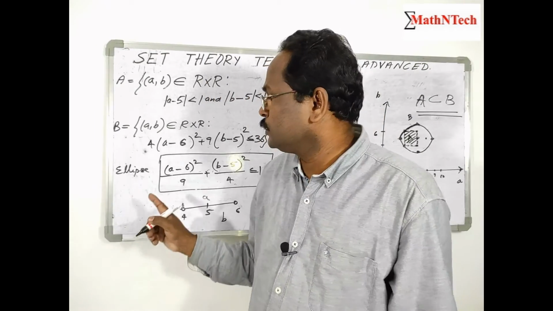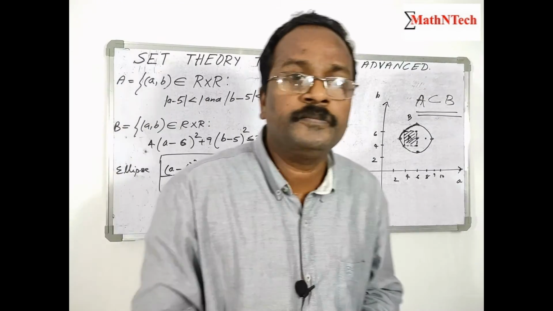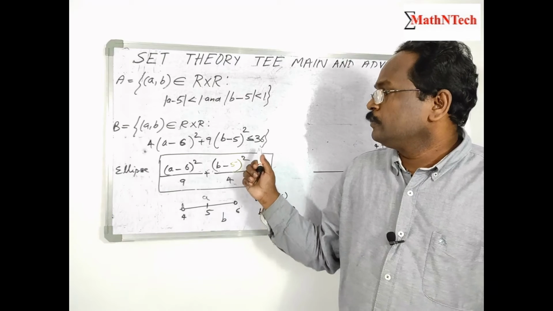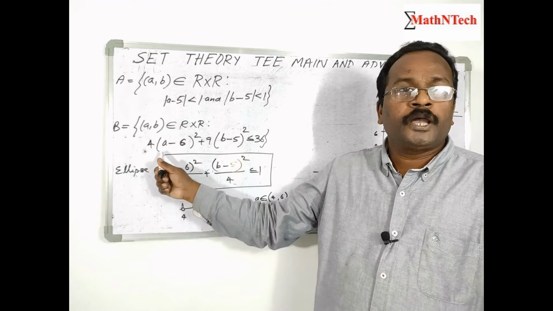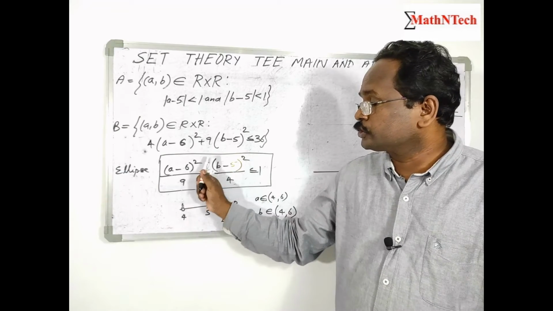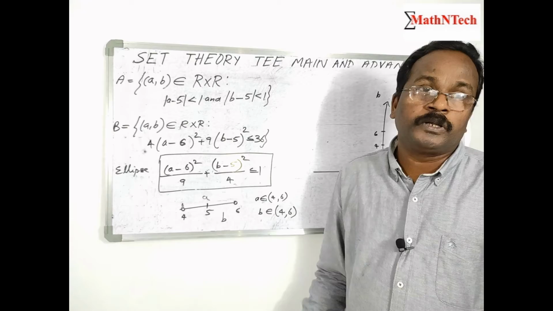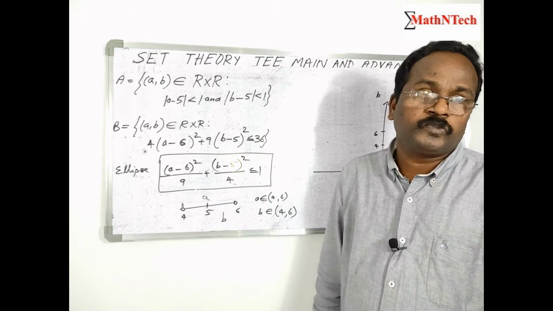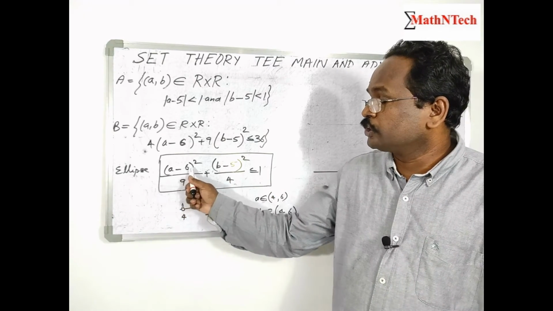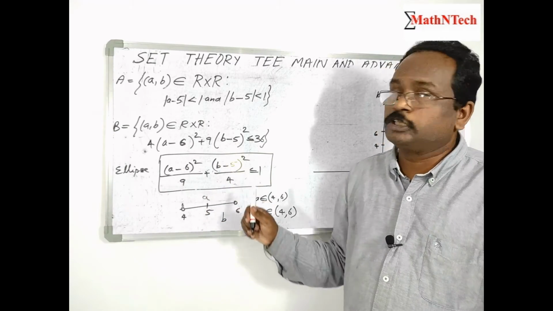So note the second set, the ellipse. Divide by 36: (A minus 6) square by 9 plus (B minus 5) square by 4 is less than or equal to 1. Clearly it is an ellipse. What about the center? A minus 6 equals 0 means A equals 6, B minus 5 equals 0 means B equals 5.